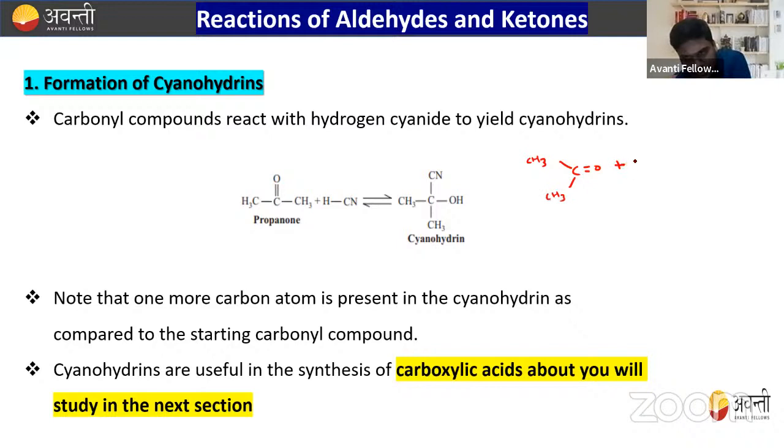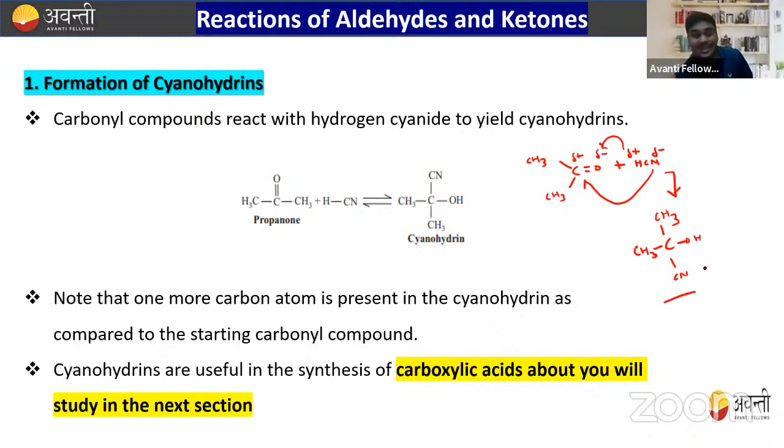When we treat it with HCN, we know that H has a positive charge and CN has a negative charge, so the negative part goes to the carbonyl carbon and the positive part goes to the oxygen. The product is a carbon with CH3, CH3, OH and CN. Right. So this is how the procedure takes place.